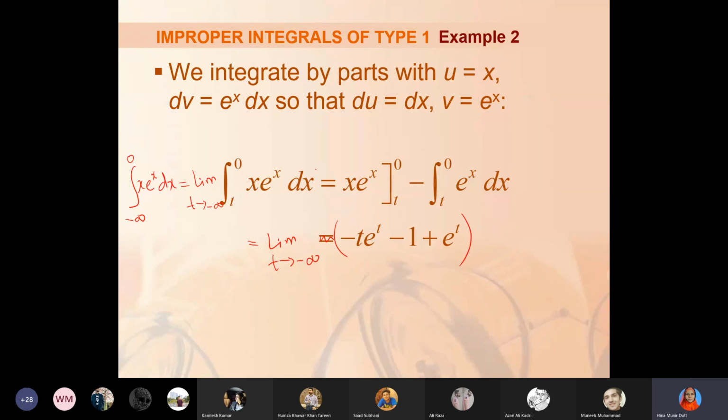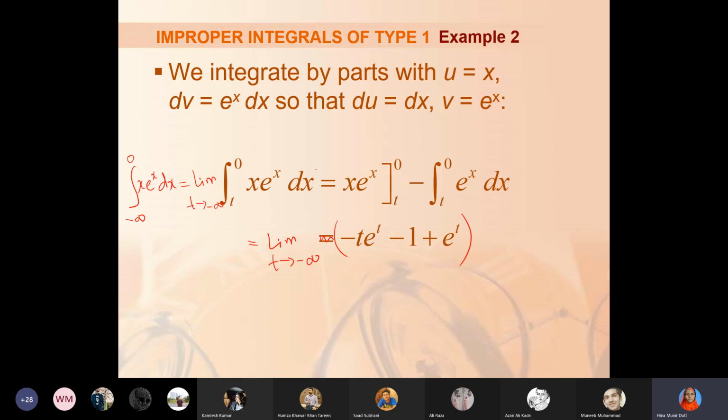Now you have to take the limits. पहले आपने इसको solve करना है in terms of t. After putting the limits, your answer would be in terms of t. Then you have to take the limits t approaches to minus infinity. This is the proper procedure to solve an improper integral of type 1, right? तो ये आपने ऐसे ही follow करना है. इसको और तरीके से करेंगे तो आपका आंसर गलत आएगा.